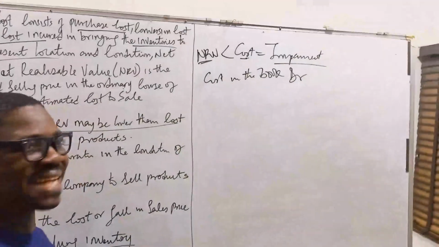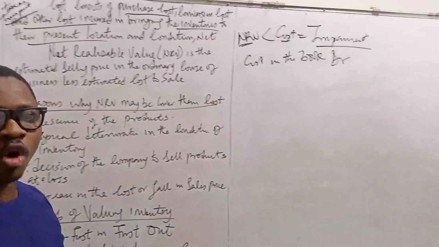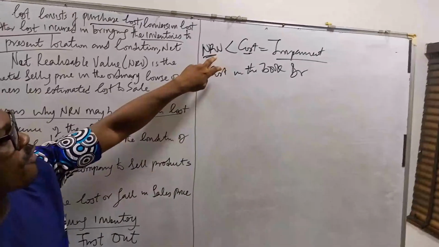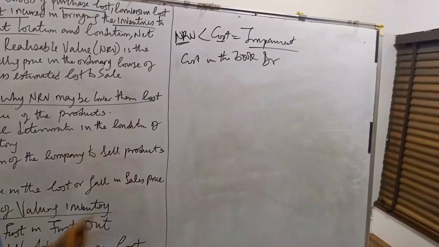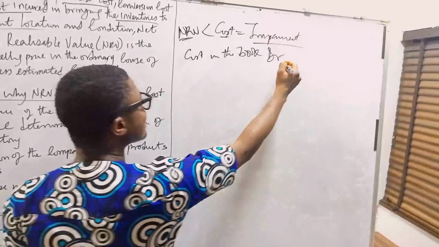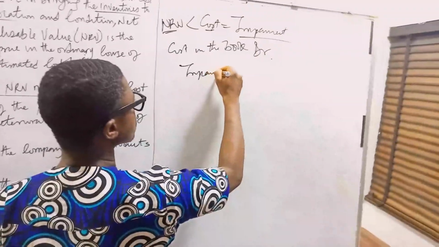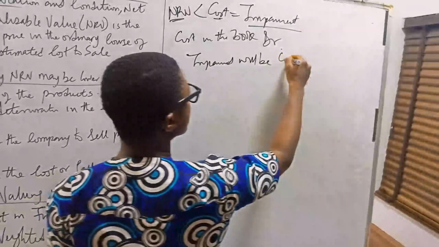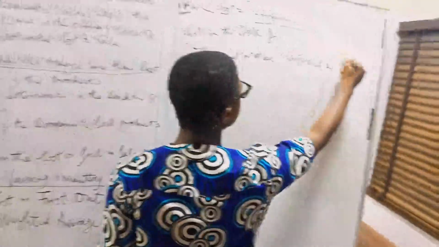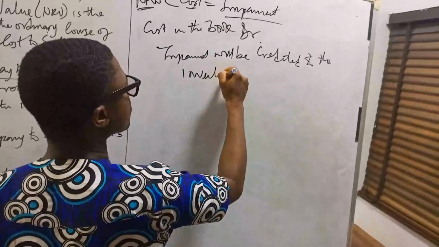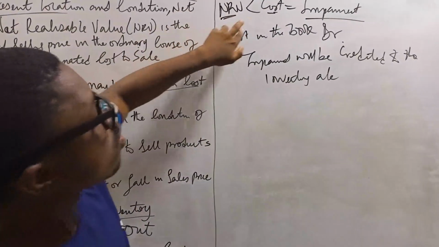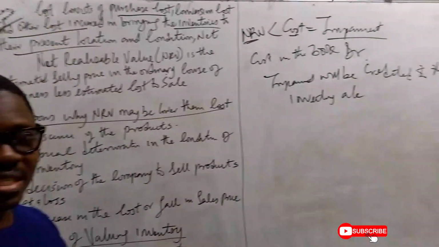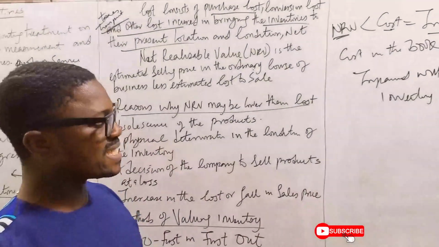So that now means that to reflect this impairment, or to reflect the recognition of the valuation of the inventory at net realizable value, the impairment will be credited to the inventory account. By crediting the inventory account, it will now give us the net realizable value, which is the lesser of cost and the net realizable value.